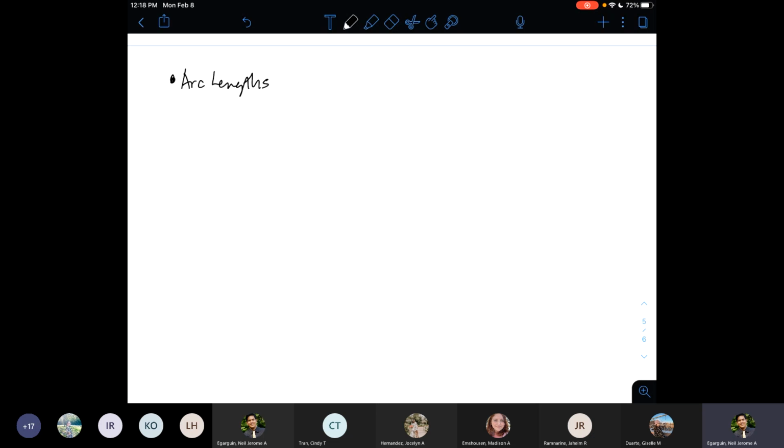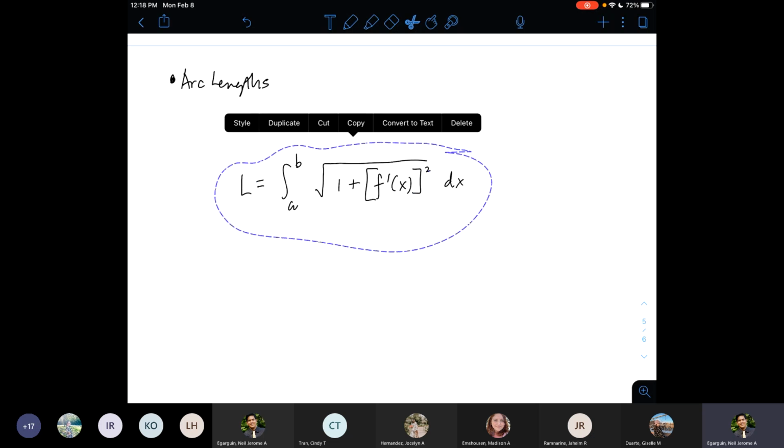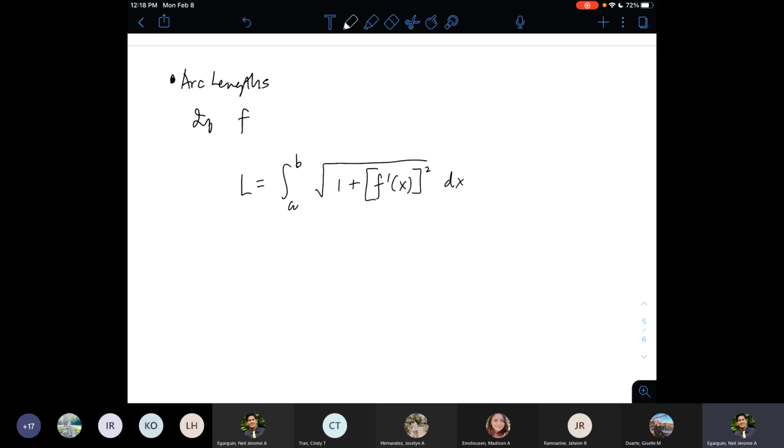So I'll skip those technical details, and let's just accept the fact that the arc length is just the integral from a to b of the square root of 1 plus the derivative of the function squared dx. So here, this formula will work as long as your function is continuous over the interval ab.